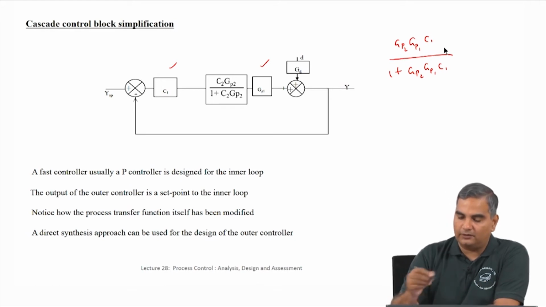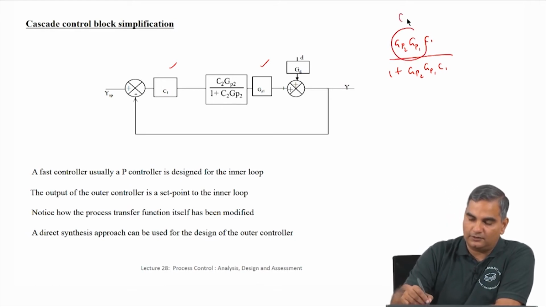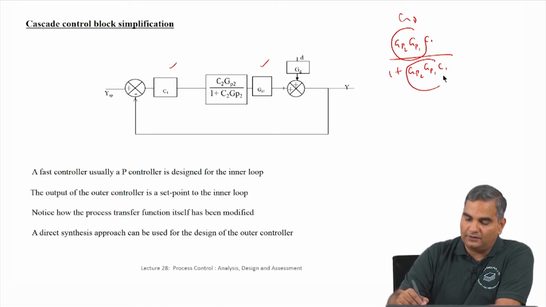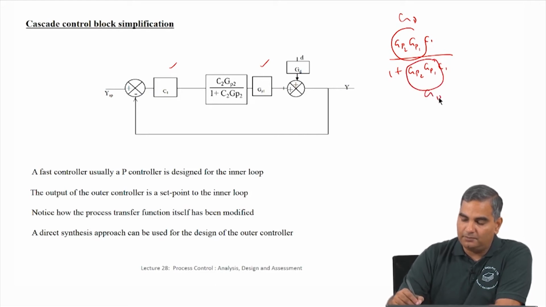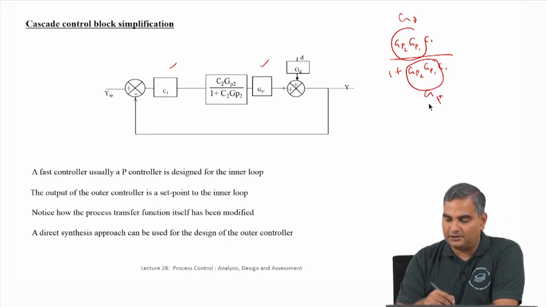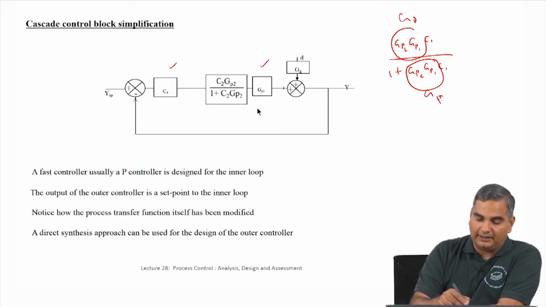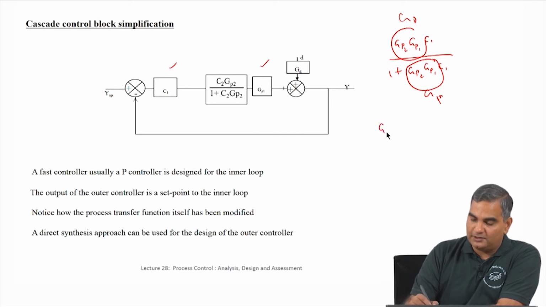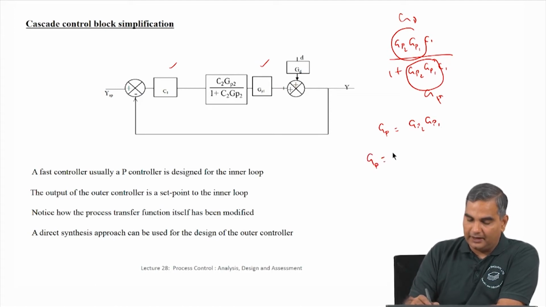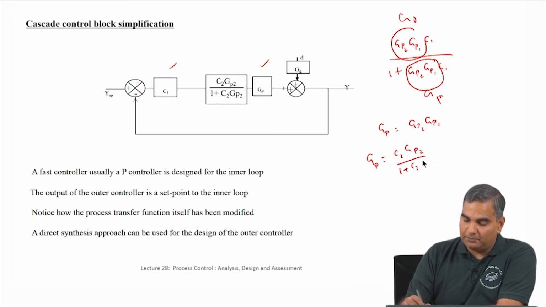What do I do? Originally this was GP, which was GP2 GP1. Now, because of the cascade controller, because I got that extra measurement, this GP has become C2 GP2 divided by 1 plus C2 GP2 times GP1.